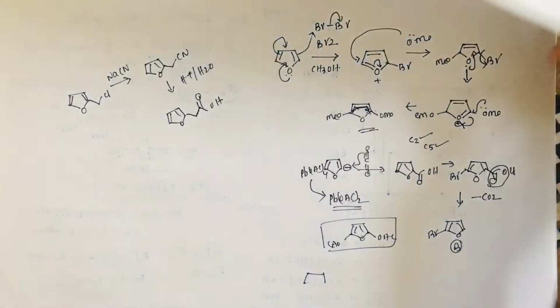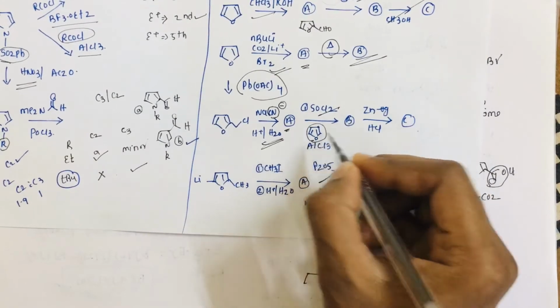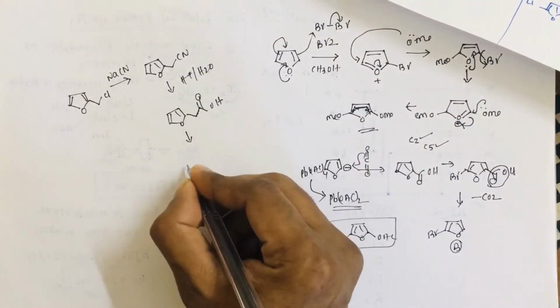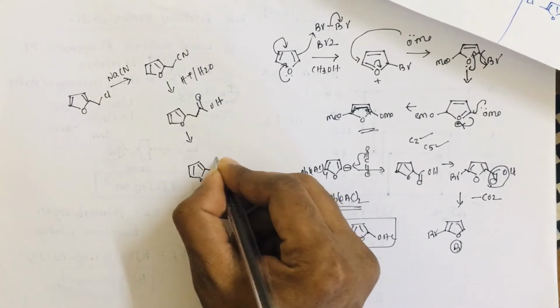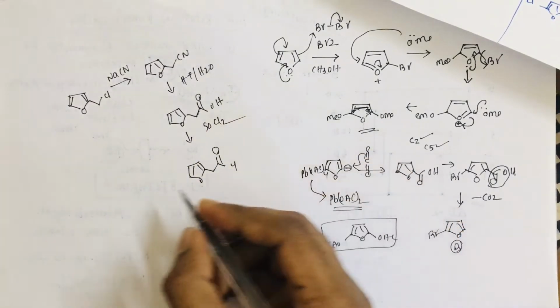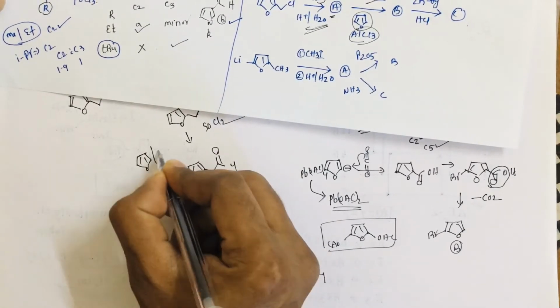Okay, and then this is the A product, and then we have SOCl2 and again furan with AlCl3. So SOCl2 means this will get converted into COCl, right? In the presence of SOCl2, and then here we have furan and AlCl3.